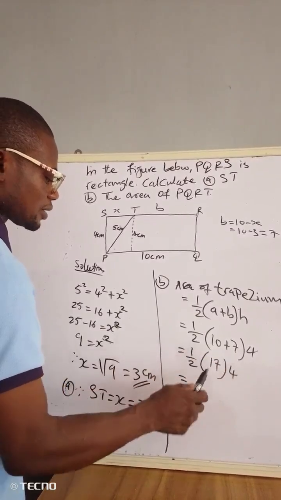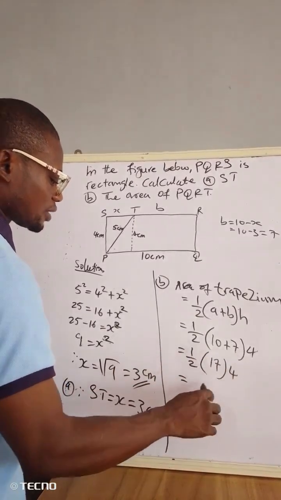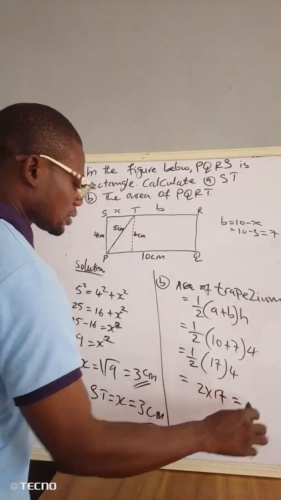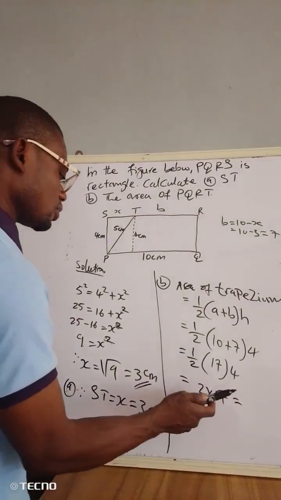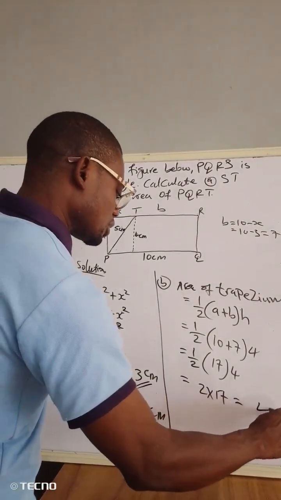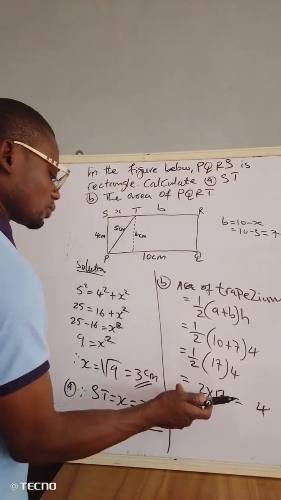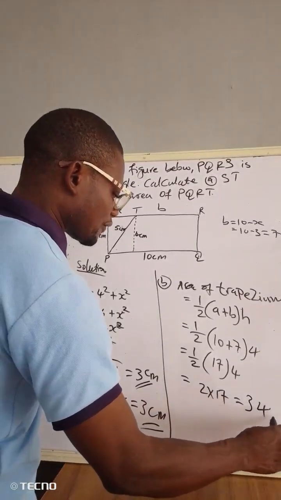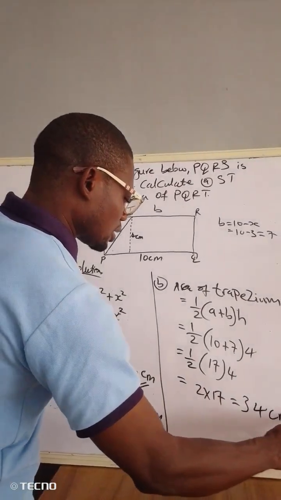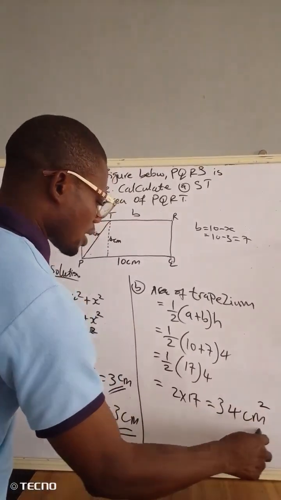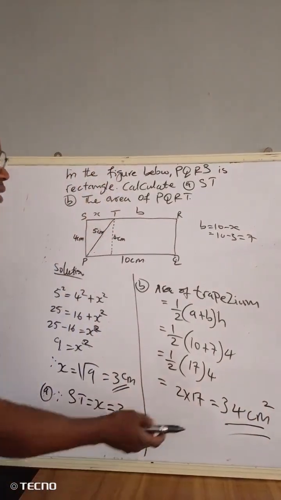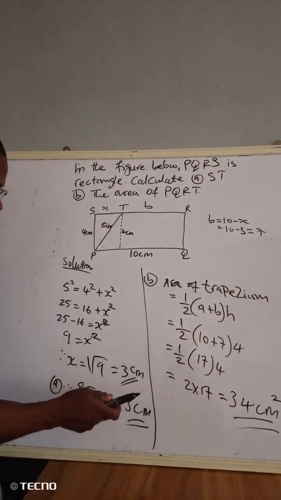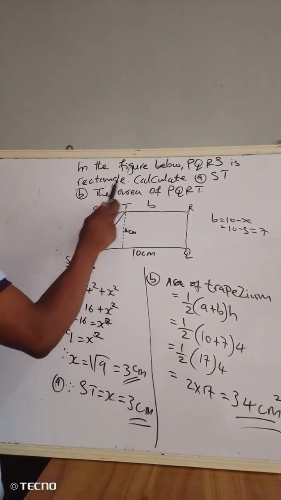So we are left with 2 times 17. 2 times 17 will give you 34 centimeters squared. Yes, this is the area of the trapezium, and we have gotten the length of ST.